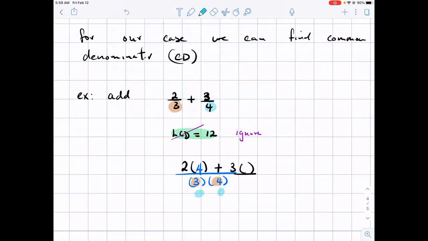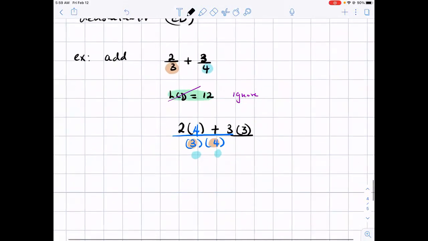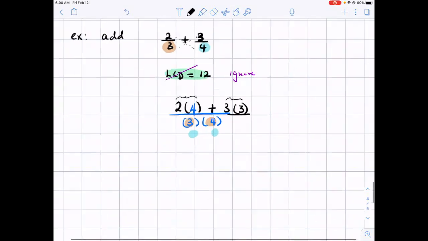So what you're going to do is multiply the top also by 3. Now, what some people tend to say is you can think of this as if you cross multiply. So this part becomes 2 times 4. But you can't say cross multiply because you can only do cross multiplication when there's an equal sign, right? But you can think about it that way, 3 times 3.